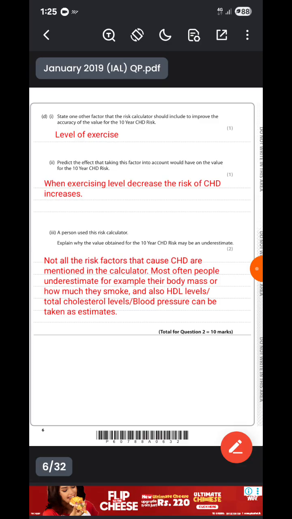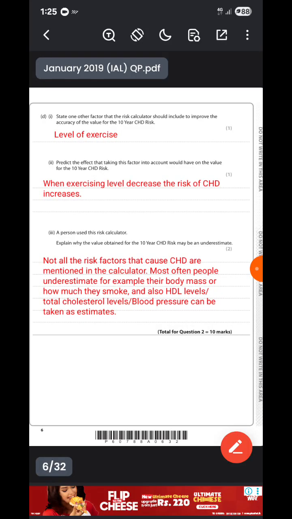So basically we sometimes get decimal values, and sometimes we just ignore the decimal value, or sometimes we just take the whole number. So things like that can happen. Even those small things are underestimates. So then if we put it into the risk calculator, it can give another value. Even the smallest thing can affect it.